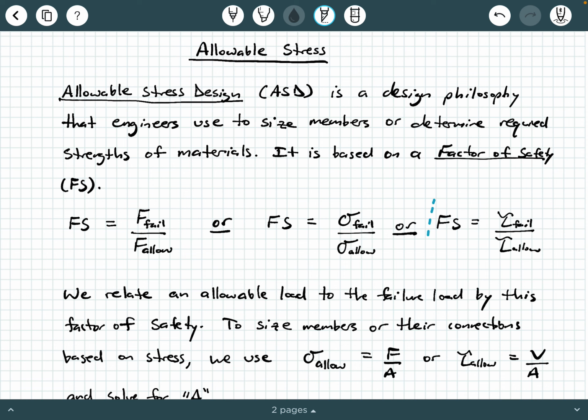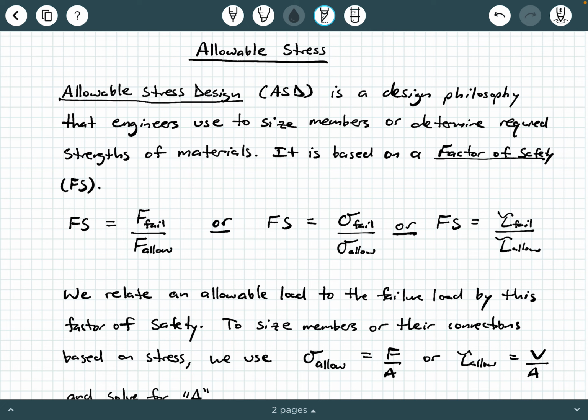And then similarly, if we're dealing with shear stress, we can say the factor of safety against shear failure is given as the failure shear stress divided by an allowable shear stress. So what you can do is think of factor of safety as like a safety cushion or a safety net.